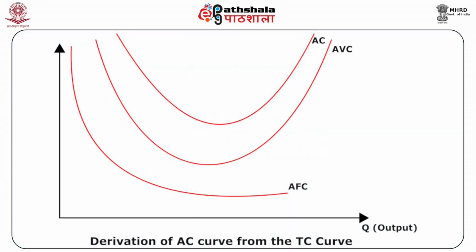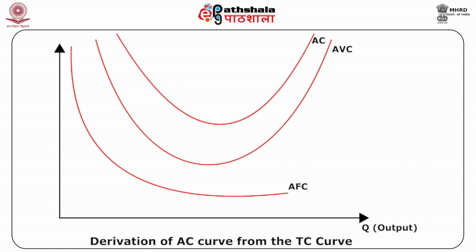Initially, average total cost or the average cost declines, and then it comes down up to a minimum point, and then it starts rising. Now corresponding to this, if you look at the average variable cost, it has also got a similar pattern.